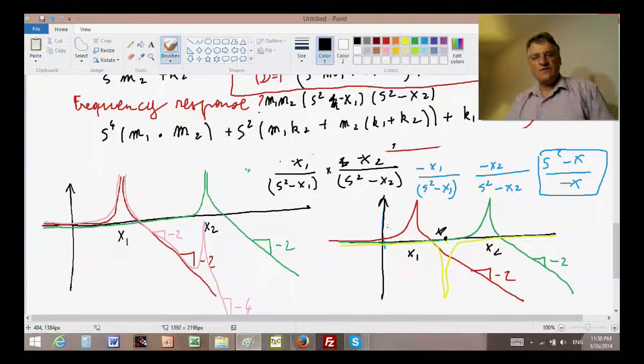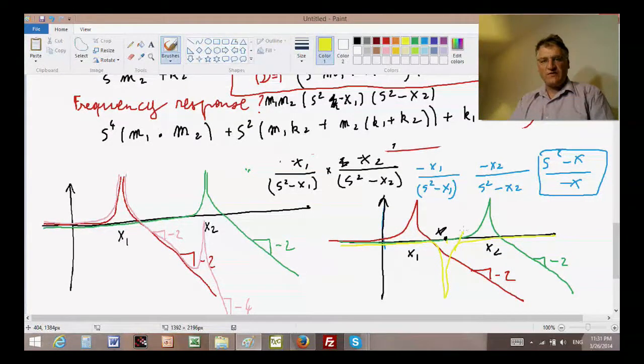So that when you take the sum of all these transfer functions, oh, and by the way, here it goes not to 0, but instead it goes up with a slope of +2.